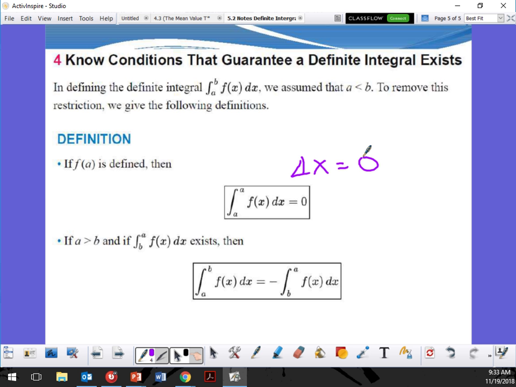If a is greater than b, and the function exists, then we could change it up and swap the limits. It's going to be opposite, so it's going to be a negative integral from b to a of that same function, where this still has to exist.